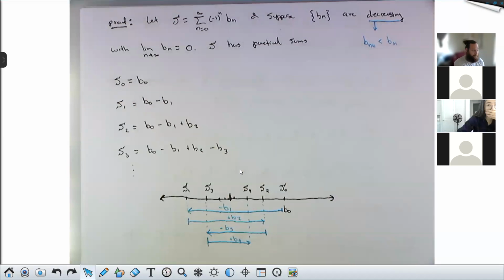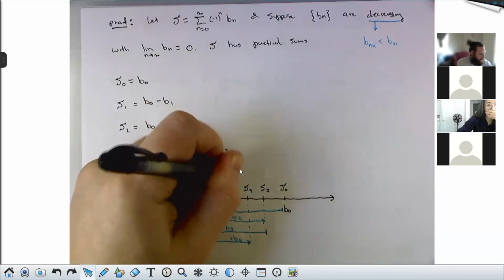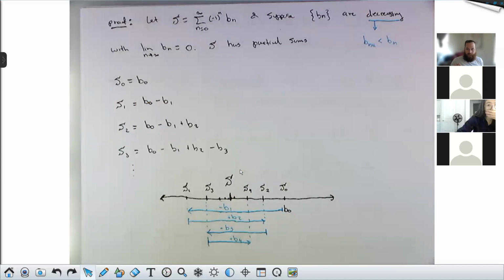Because the Bn's have limit 0, the length of these arrows will eventually go to 0. So we will actually have an accumulation point in here, and that is S. In other words, the sequence of partial sums, Sn, must converge. And if the Sn's converge, that means they have a finite limit. And that is the definition of the infinite series converging.